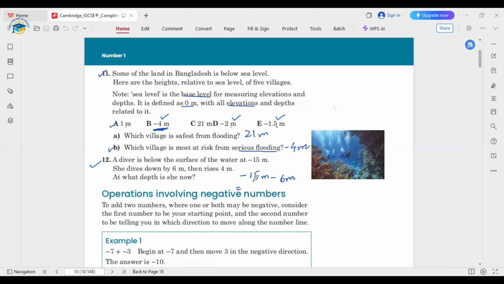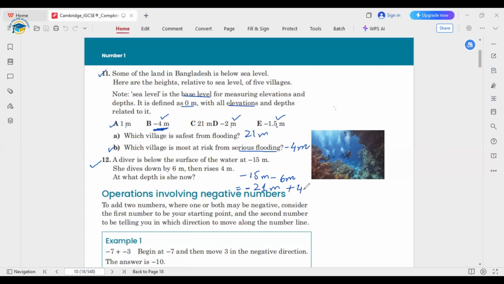So negative negative would be positive, and 15 and 6 we are going to add, but the number will have a negative sign with it. Then they're saying that after she dives down 6 meters, she rises up 4 meters.